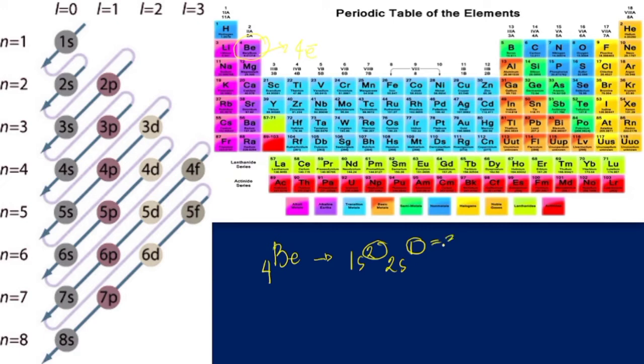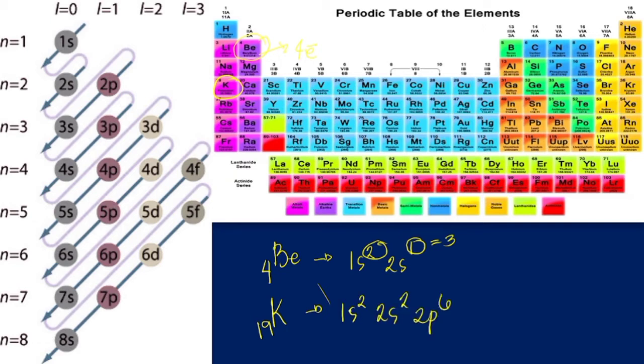Let's take into account again potassium. Potassium has 19 electrons. It's found here. So let's distribute these electrons: 1s2, 2s2, then 2p6, that's already 10.